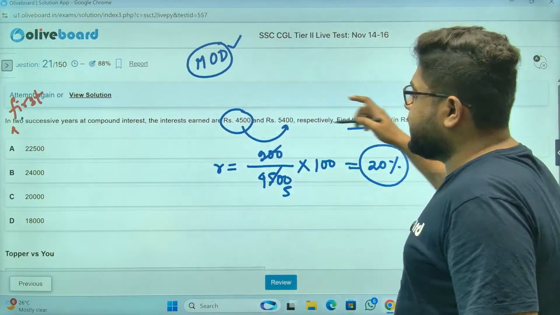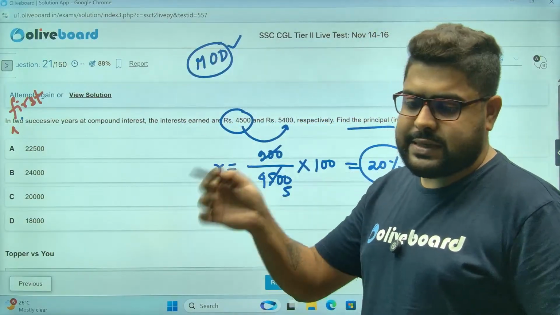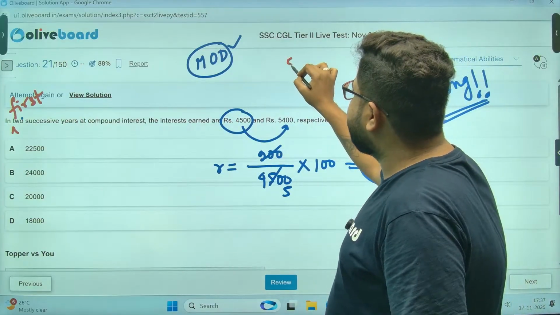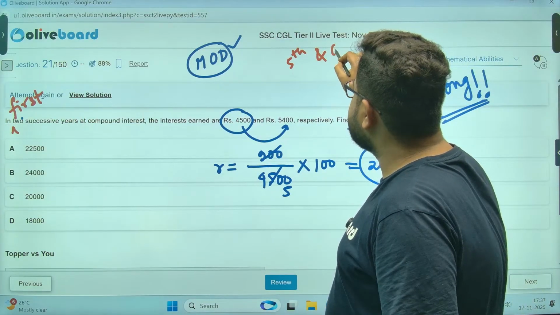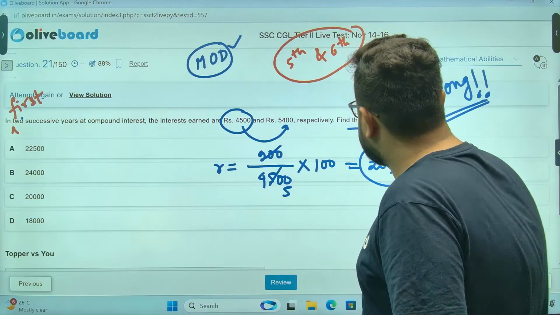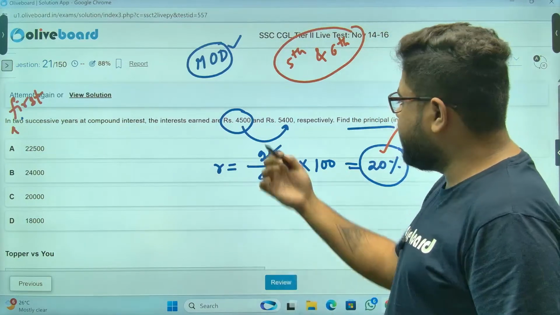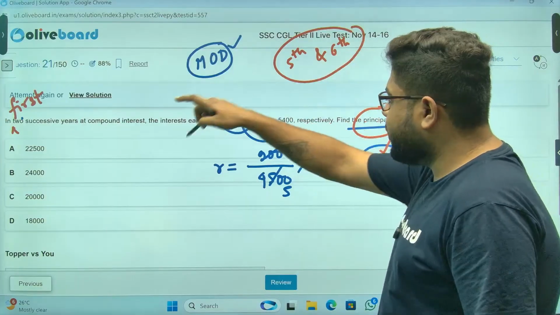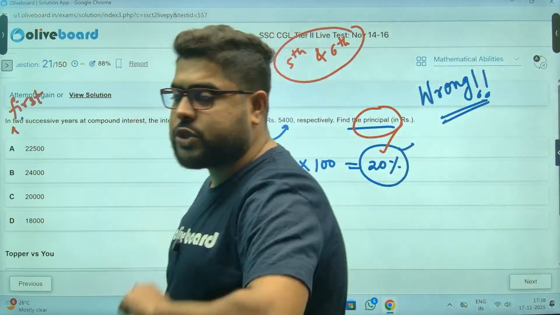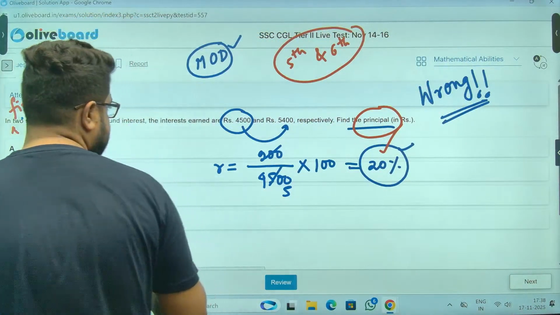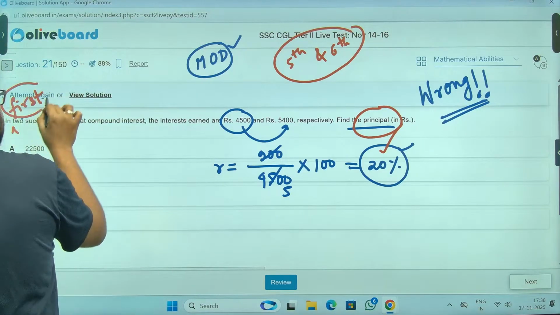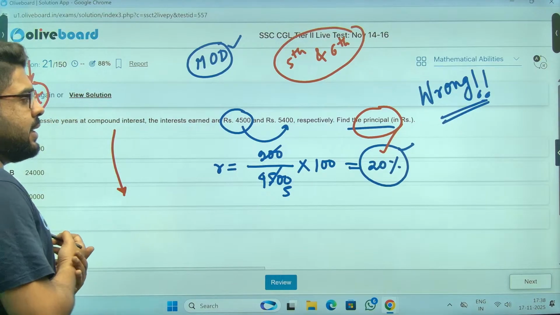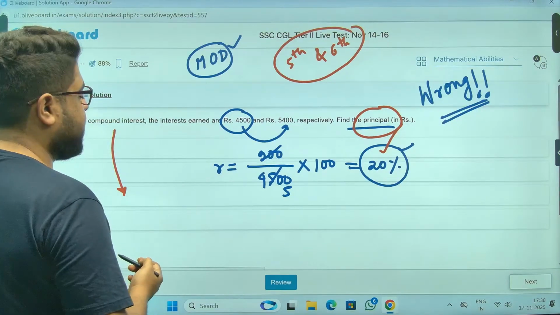If they're asking for the principal, then it has to be the first 2 years. Otherwise, it's impossible. If 2 successive years, it can be the 5th year and 6th year. Then the rate of interest is also correct, for every year it will be this. But if I need the principal, it has to be the first 2 years. So just add this to your question. This is technically a little difficult, or rather, wrong.